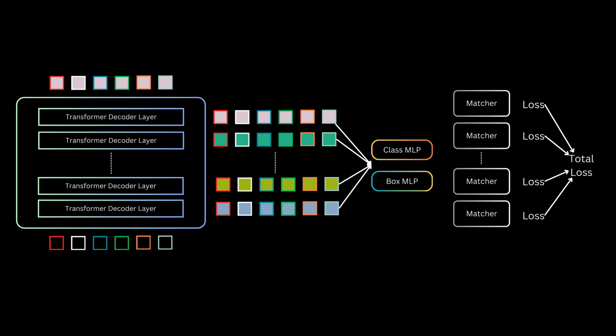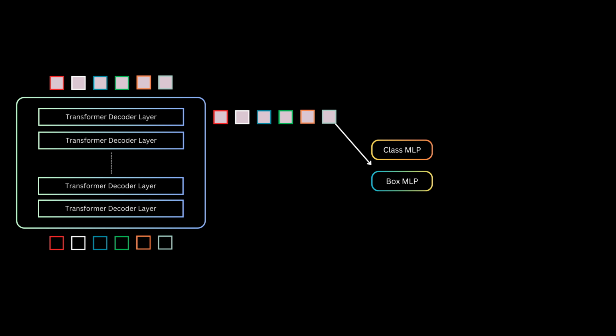This aspect of using all decoder layers' output is only for training. For inference, we'll just use the last layer's output and return predictions made by the MLPs with the last layer's object query representations fed as input.